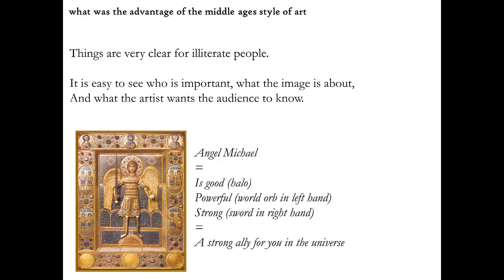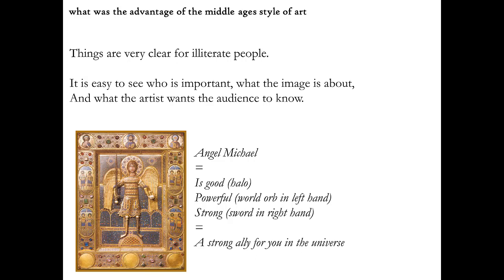He carries the world orb in the left hand, showing the power over the world, but also strong, meaning the sword is in the right hand. Your stronger arm for most people. For the 90 or 95% of people who are right-handed, the sword is in the right hand. So who is Michael?